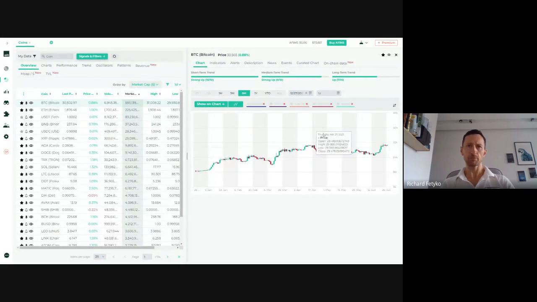But as you can see, Bitcoin's been experiencing since the beginning of the year very consistent upswings and downswings. Even in an uptrend, you're going to get those upswings and downswings. But what I'm trying to show you here is that on the upswing here, we made a higher high relative to the prior upswing. Next upswing, higher high. Next upswing, higher high. Then we had a couple of lower highs.